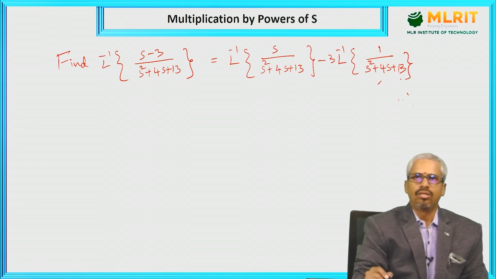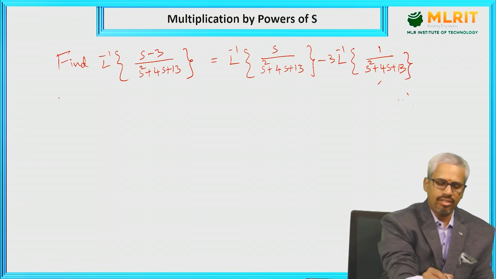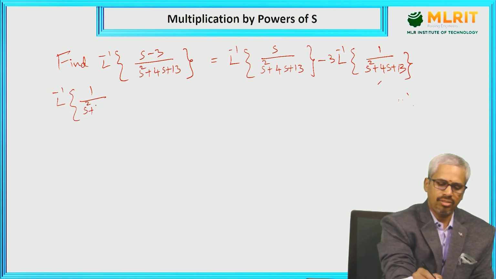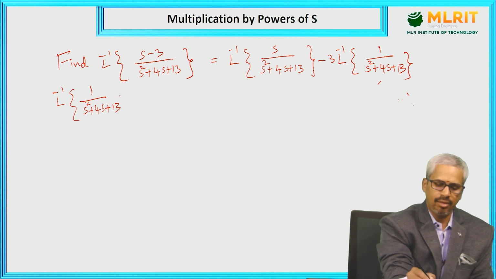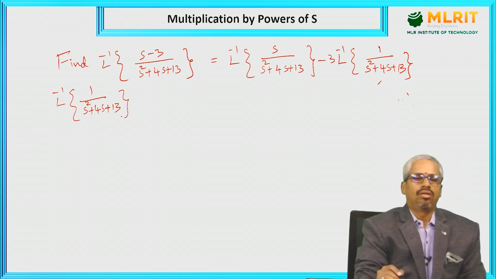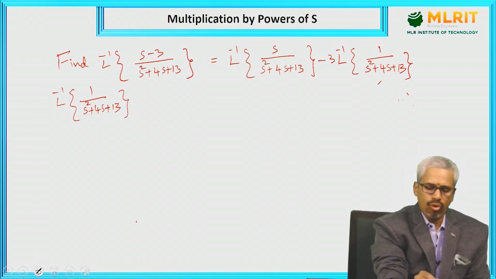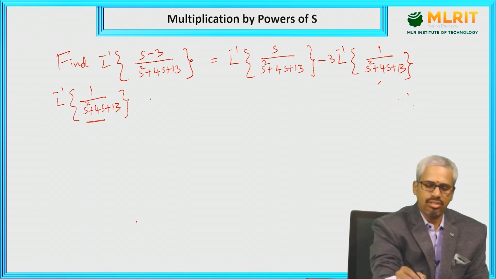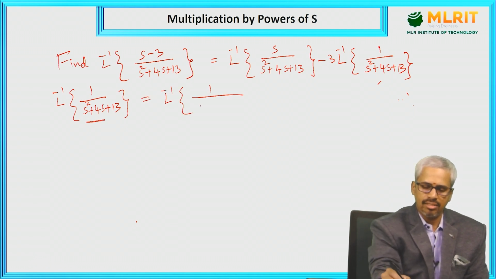So, first let us see how to find this inverse Laplace of 1 by s square plus 4s plus 13. How to write this? S square plus 4s is there here. This comes under which expansion? I can write this as s plus 2 whole square.